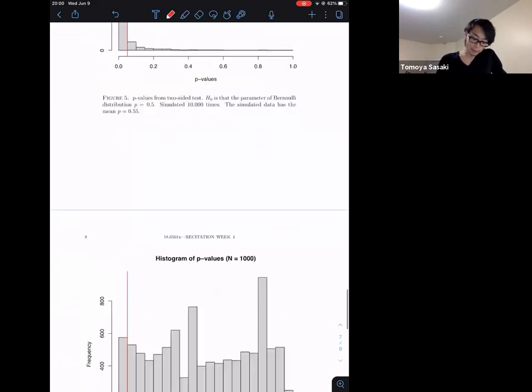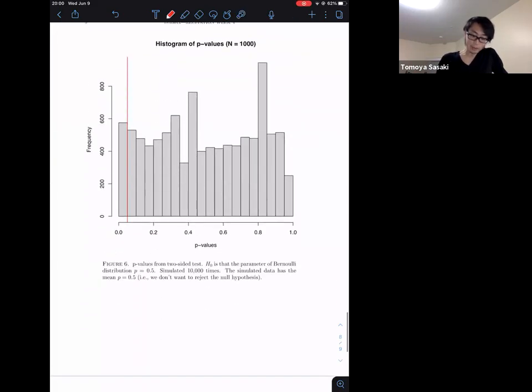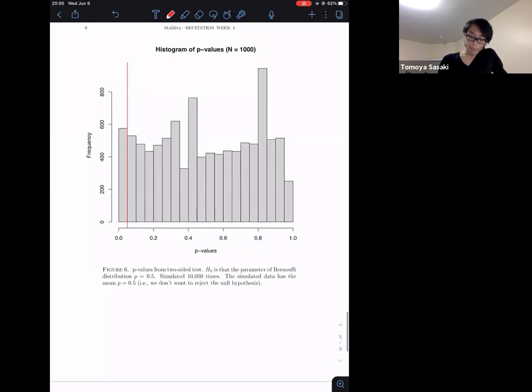But this has a negative side effect as well. In this example, I'm assuming that the true distribution that generates the data has parameter 0.5, and I'm testing whether p is not equal to 0.5 as the null hypothesis.